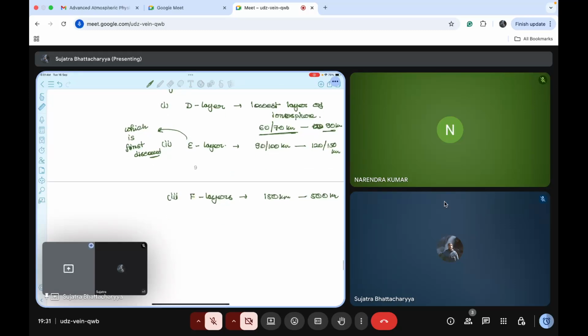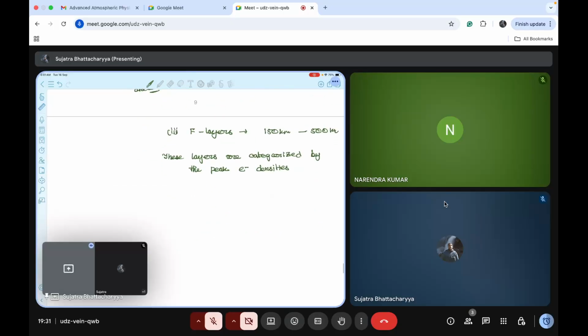So how are these layers categorized? These layers are categorized by the peak electron density. Suppose this is a kind of graph you can observe.